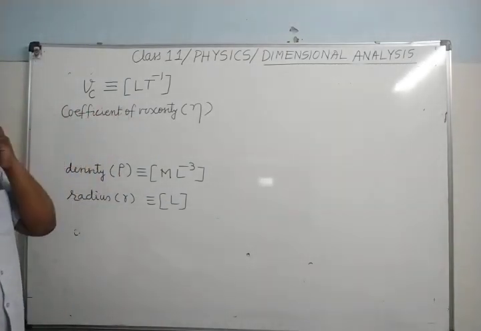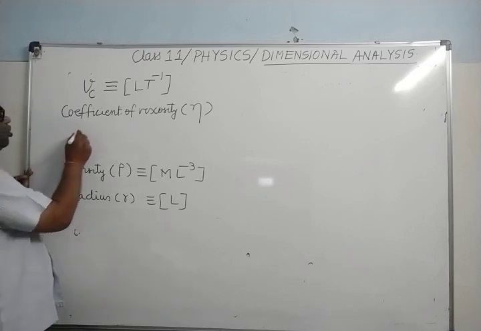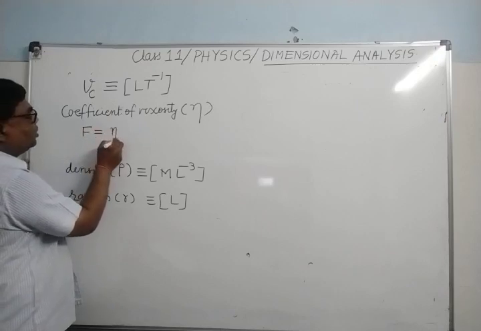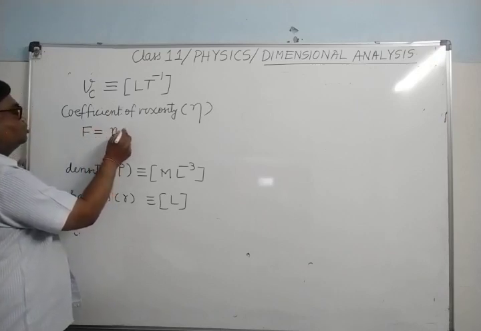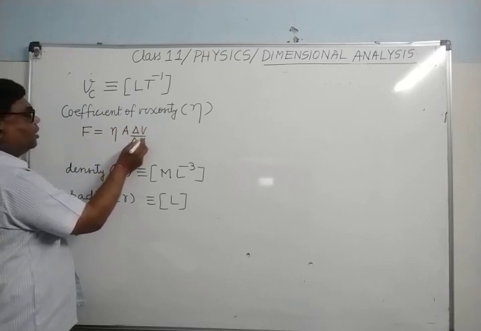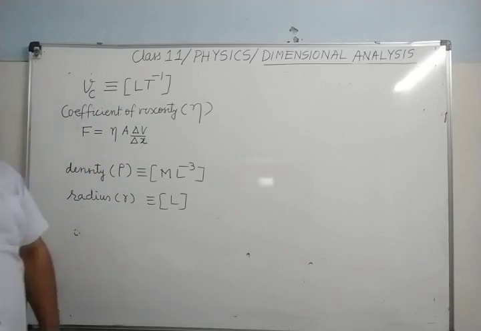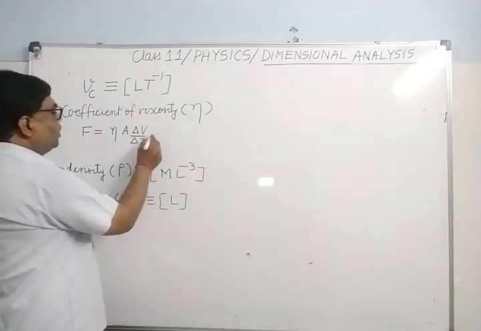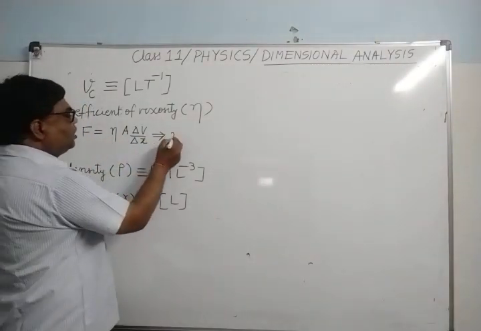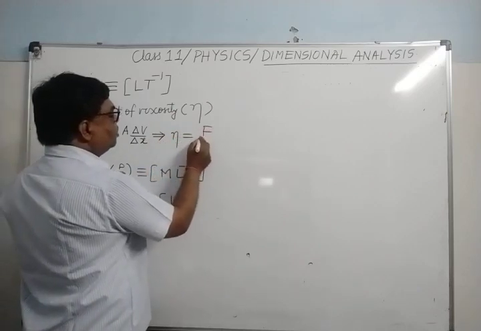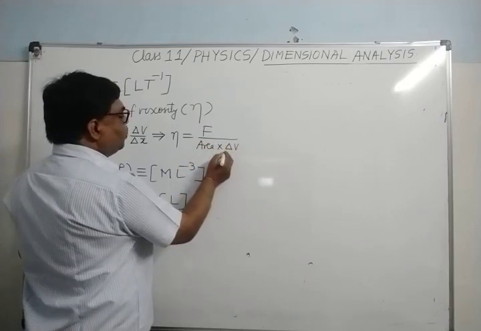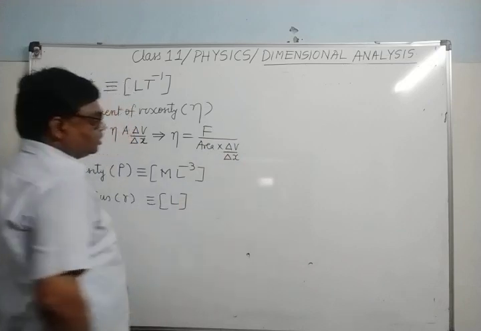So first we will see what is coefficient of viscosity. So you will come to know one formula. Here F equals eta into A into delta V upon delta X. So if we find out the formula of eta, coefficient of viscosity, eta equals force upon area into delta V, change in velocity, upon delta X, it is distance.